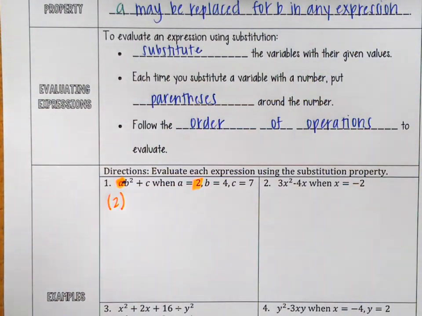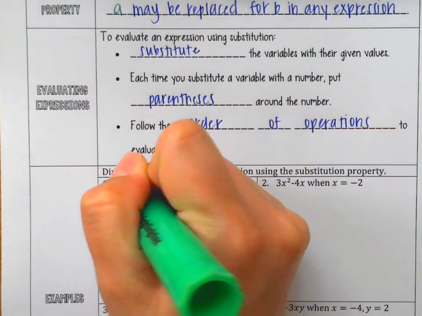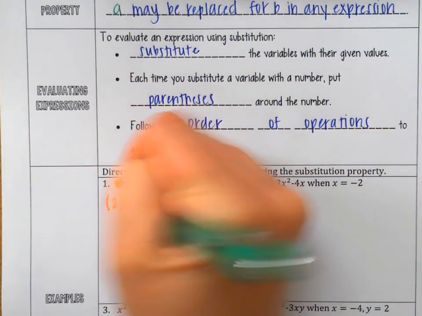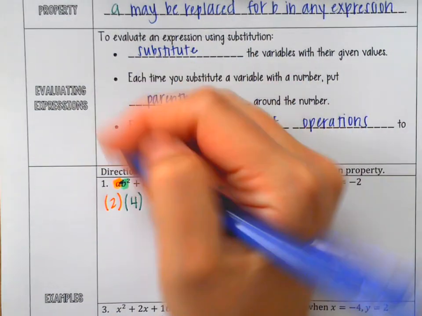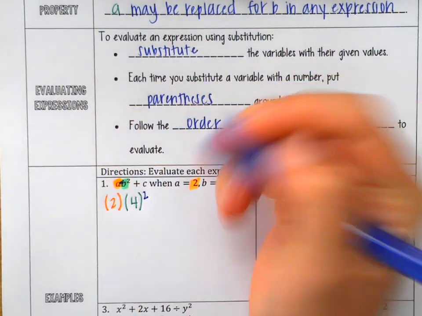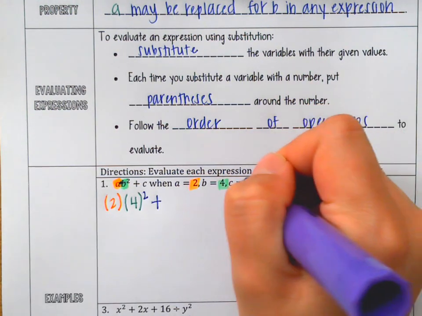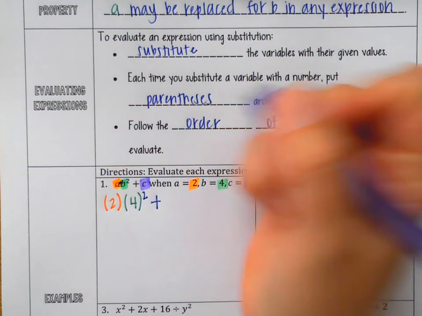Then we know B is equal to 4, so right here we put in 4 for B. But that squared is a number, not a variable, so it stays the same. The plus stays the same. And then we know C is equal to 7, so we replace the C with 7.